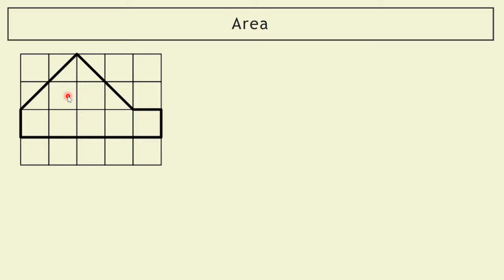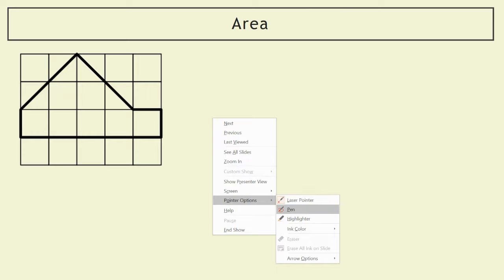We can see there are some full squares in here. There's one there, and then there are 5 across the bottom. And then we've got these half squares that are appearing on the side of the shape. So we're going to think about these two together make an extra 1, and these two together make an extra 1. So let's just mark the slide up so we can see what we're doing there.